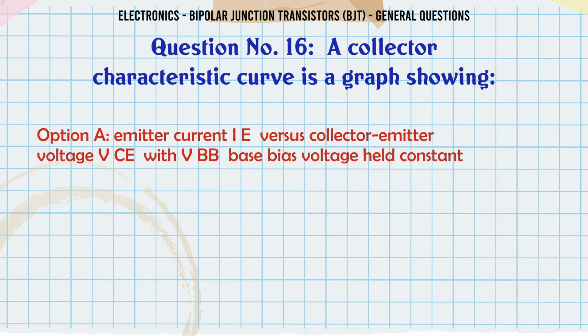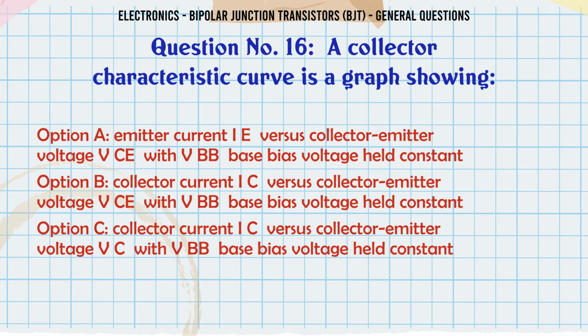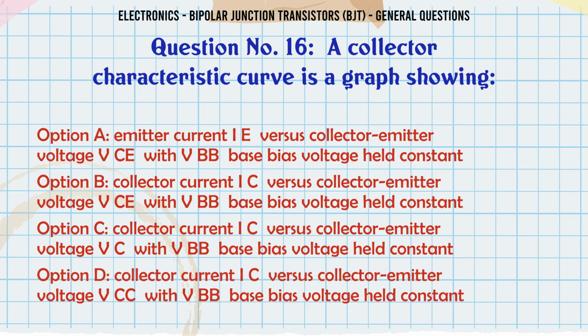A collector characteristic curve is a graph showing A. emitter current IE versus collector emitter voltage VCE with VBB base bias voltage held constant. B. Collector current IC versus collector emitter voltage VCE with VBB base bias voltage held constant.